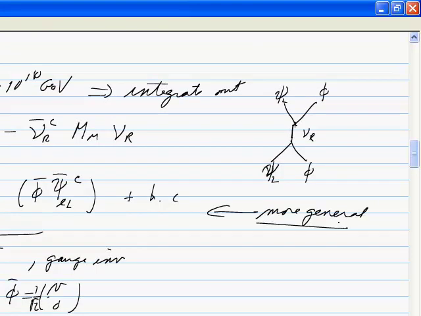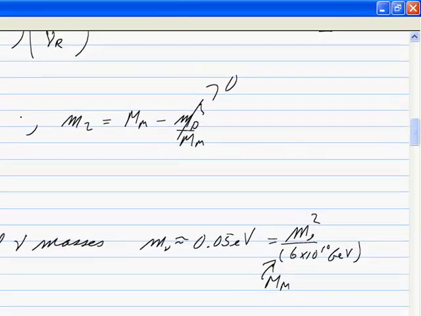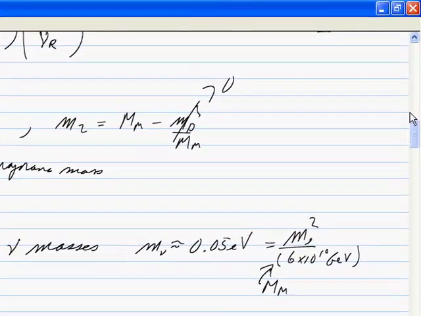You could imagine other types of interactions also generating a dimension 5 operator. So you shouldn't add it to the usual Lagrangian, but it generates this. It explicitly shows that the mass term for the light particle is equivalent to a Majorana mass, because it's dominantly left-handed.